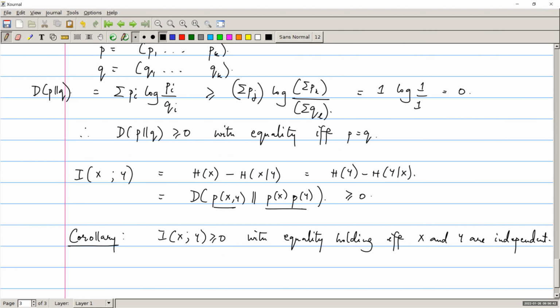So whenever you have two random variables that are not independent, they always tell you information about each other.